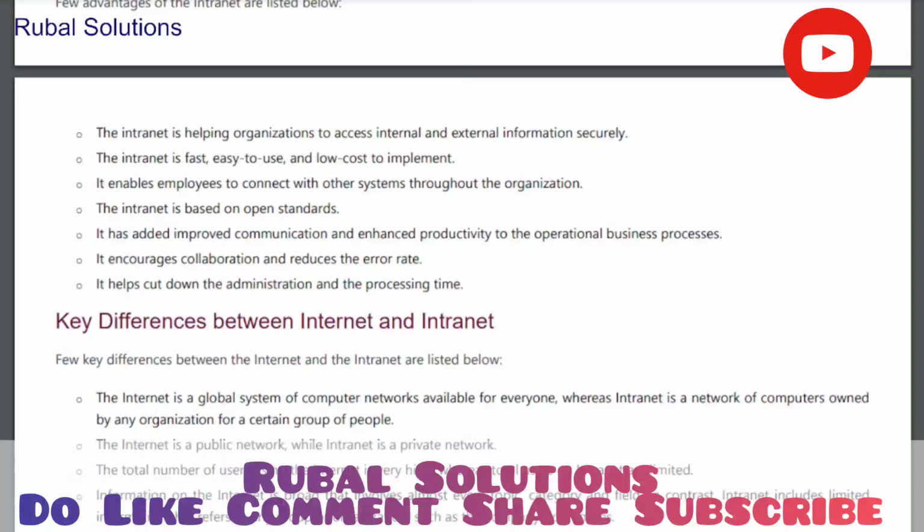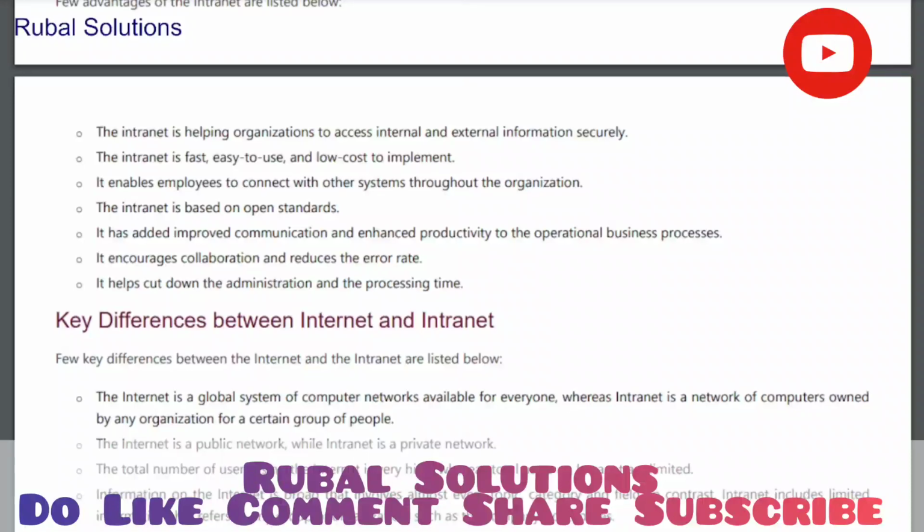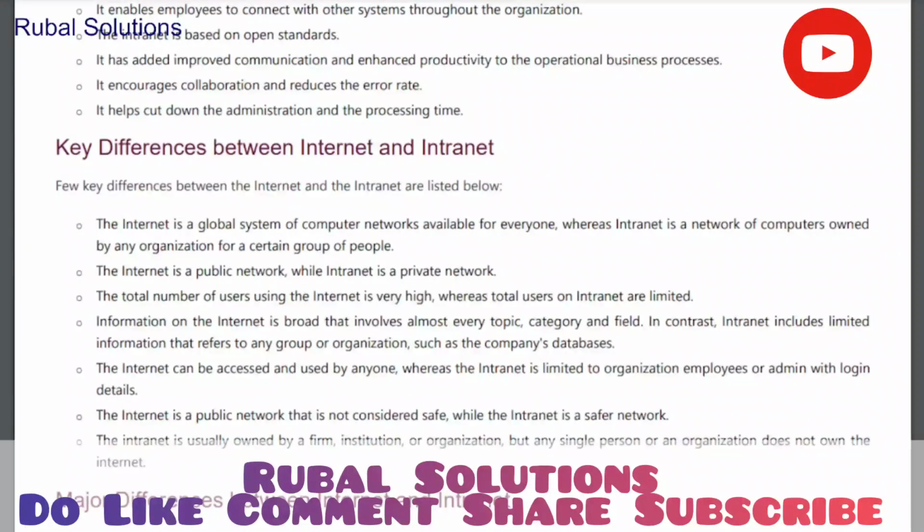It has added improved communication and enhanced productivity to operational business processes. It encourages collaboration and reduces the error rate. It helps cut down the administration and processing time.